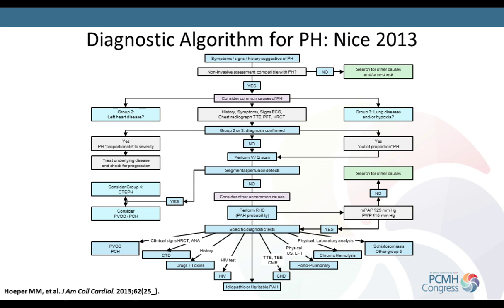One that we're very interested in, and one that is even more of a problem, is group 4, which is chronic thromboembolic pulmonary hypertension, or CTEPH. This is important because these are patients who can be cured with a procedure to remove these blood clots, something that we pioneered many years ago, to go in there and remove clots that have been there sometimes for years.